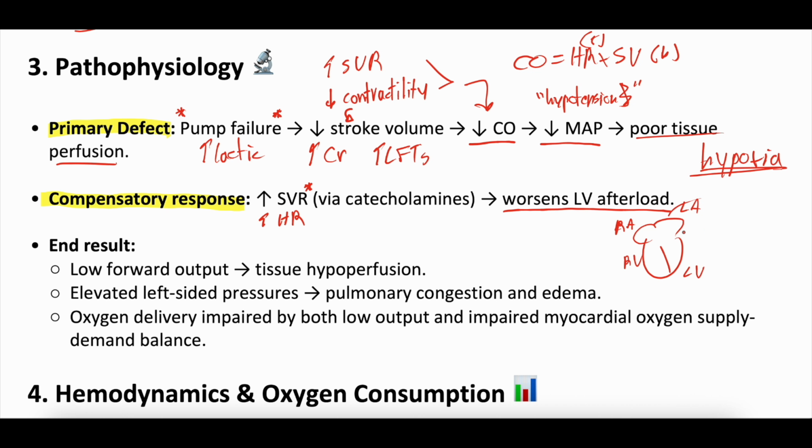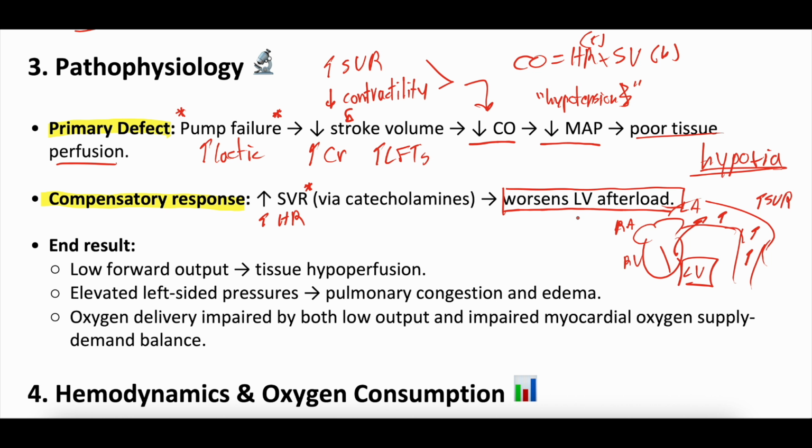Your aorta is right coming out of this left ventricle. So if you're increasing your SVR and leading to vasoconstriction, you're increasing the afterload, right? The pressure in the aorta is higher because you vasoconstricted. So that actually stresses out this left ventricle even more because it's already weak and it's trying to pump blood against a higher afterload. So in cardiogenic shock, this increase in SVR can actually be bad for the heart.